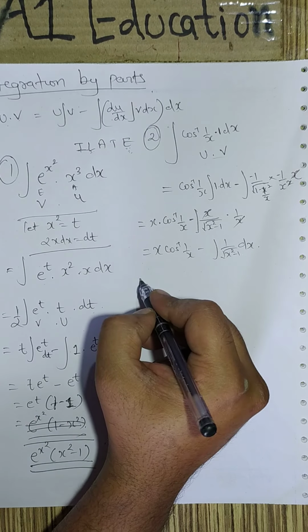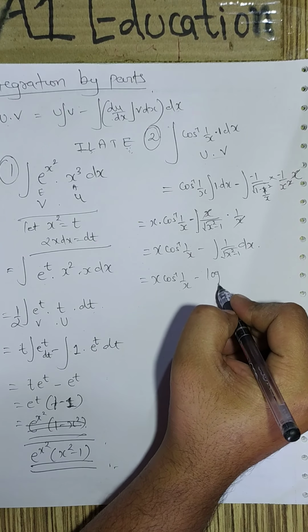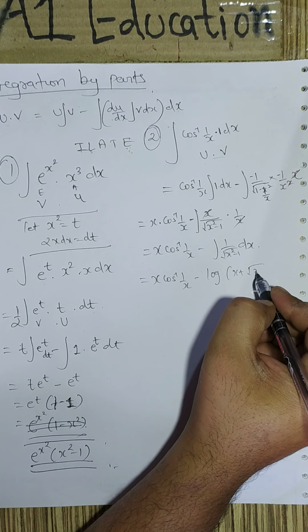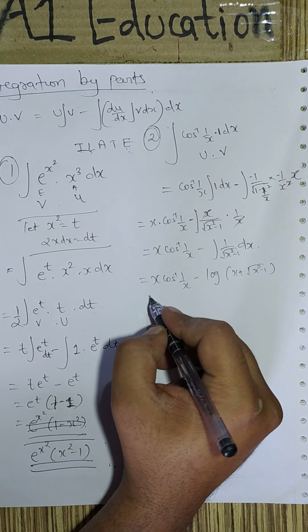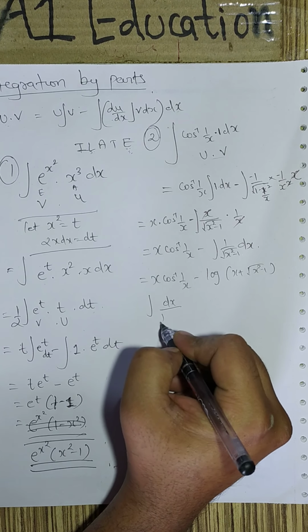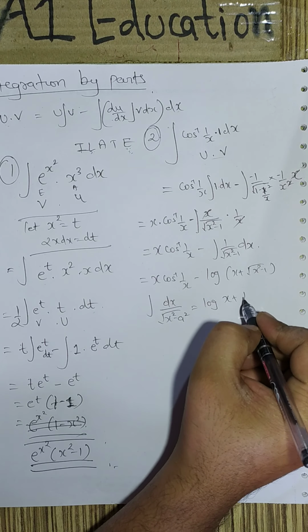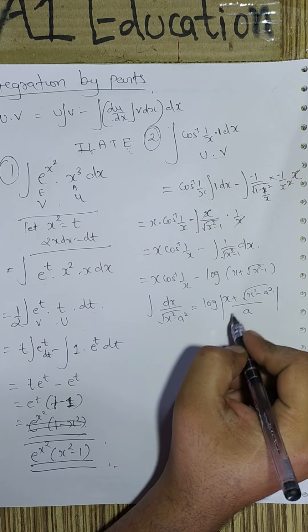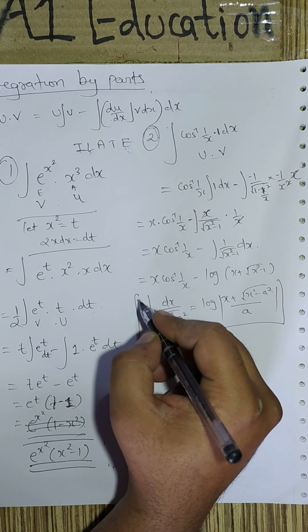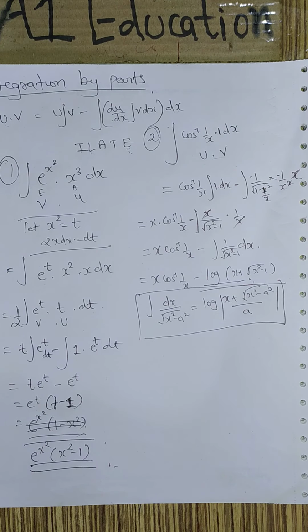And for this we have a direct integration formula, that is log of x plus root of x² minus 1. The formula which I have implemented is integration of 1 upon root of x² minus a² is log of x plus root of x² minus a², by a. This is the formula I have used, and this is the answer.